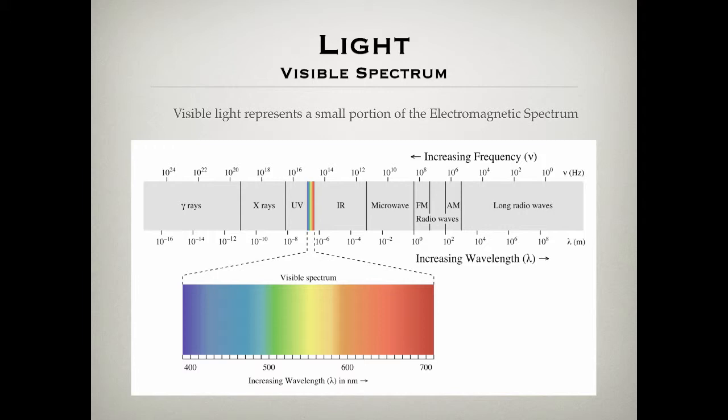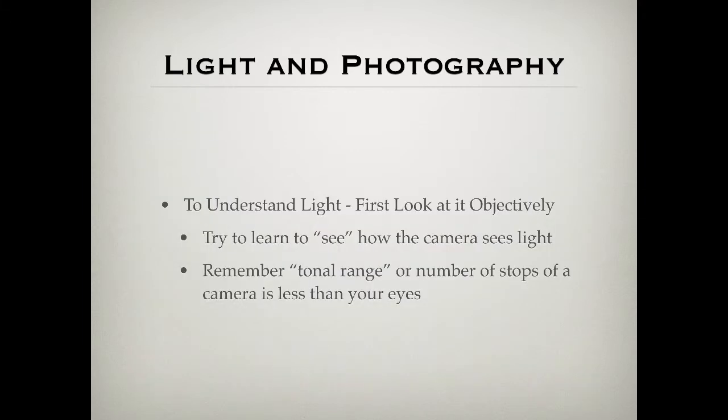And remember, a lot of the light that we see is reflected. A lot of the colors are also reflected either off other objects or filtered through the atmosphere. So anyway, just a little bit of information as to where light comes from, where it falls in the realm of physics and the electromagnetic spectrum.